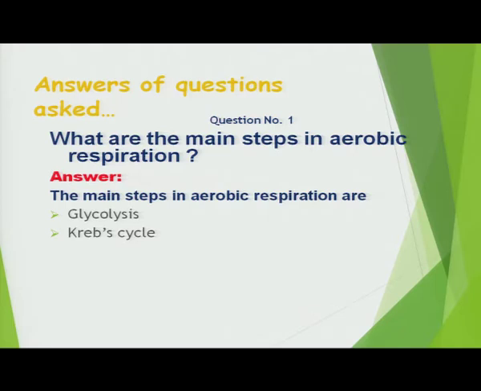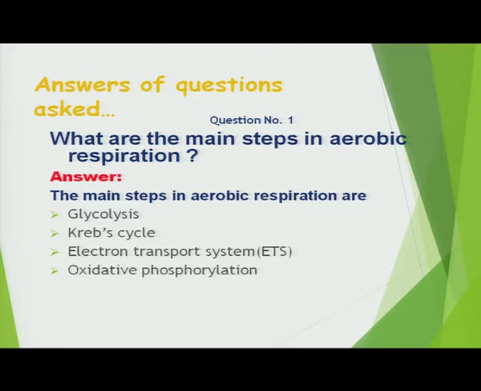In presence of oxygen, that pyruvic acid enters into the Krebs cycle. So, the second step is the Krebs cycle. The third step is the electron transport system, also called the electron transport chain, and the fourth is oxidative phosphorylation. So, this is the answer to my first question.